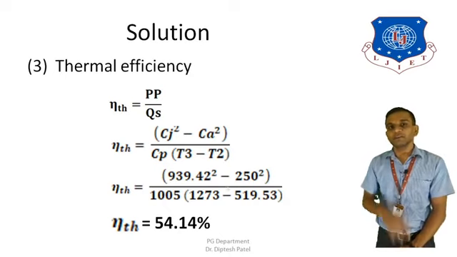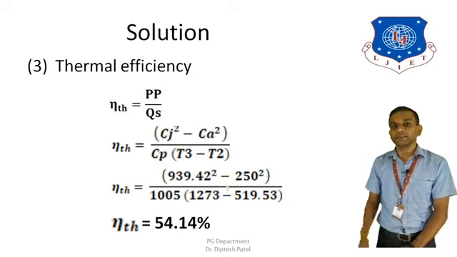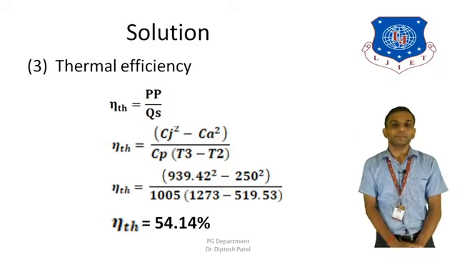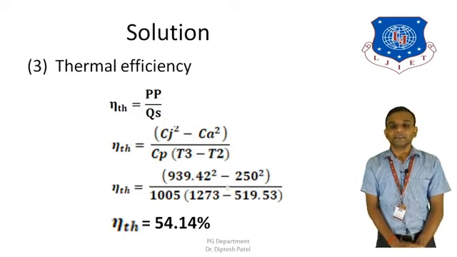After doing the calculations, I get eta thermal is equal to 54.14 percent. So the thermal efficiency is 54.14 percent. This is how we calculate the thermal efficiency of the jet engine.